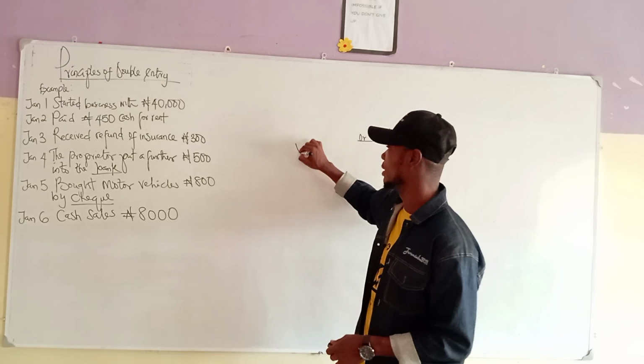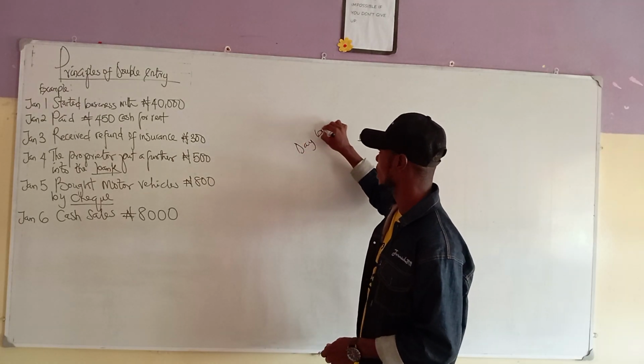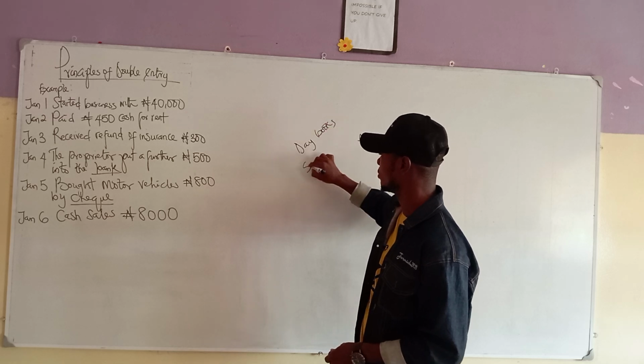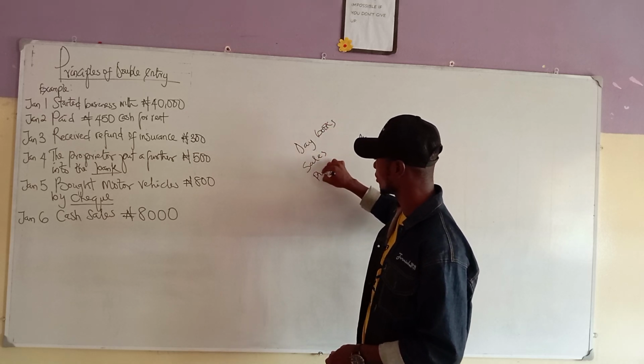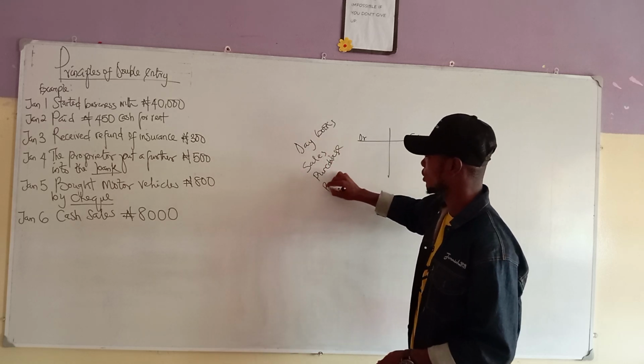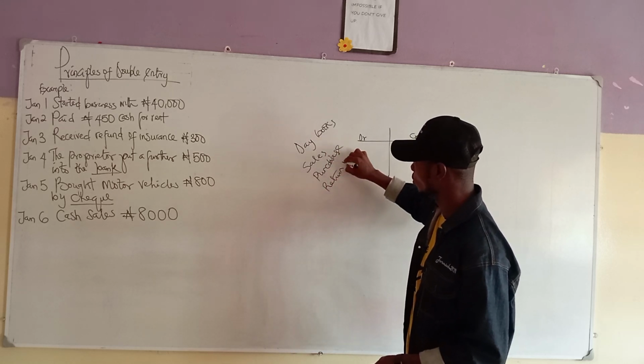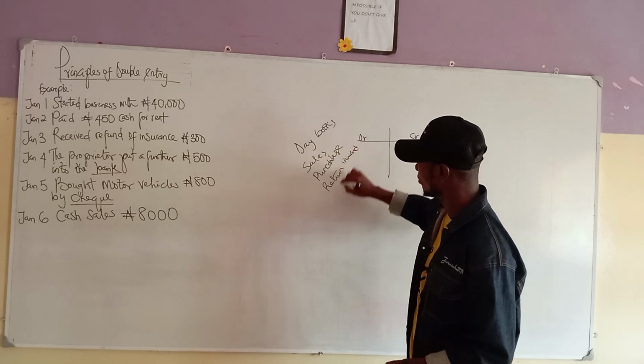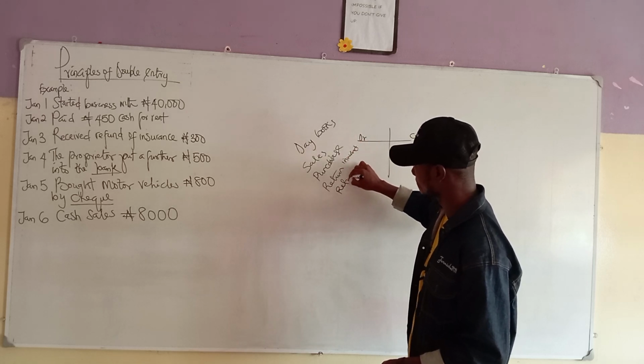We have what we call the day books. Under our day books, we have the sales day book, we have the purchase day book, we have the return inwards book, we have the return outwards book.